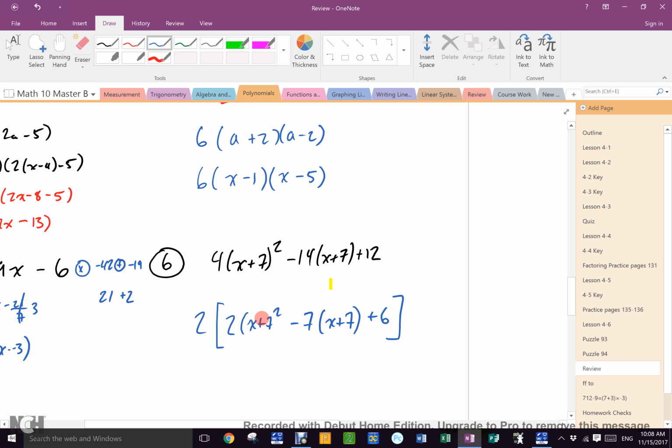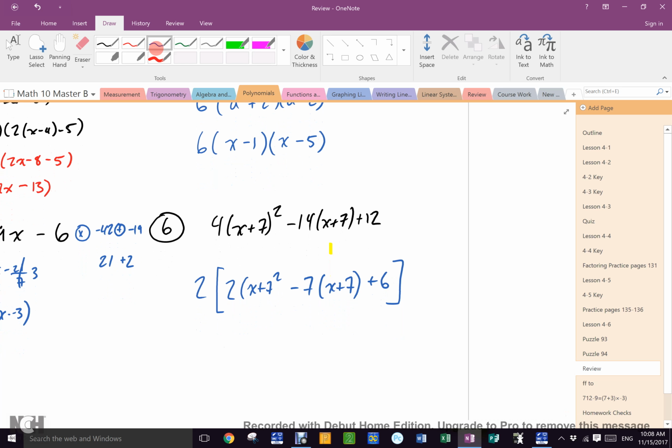Now what should I do with those x plus 7s to make my life easier? And now it's super easy, right? Can I forget about that too? No. So that is going to be, what's 2 times 6? Multiply to positive 12, add to negative 7. What is it?